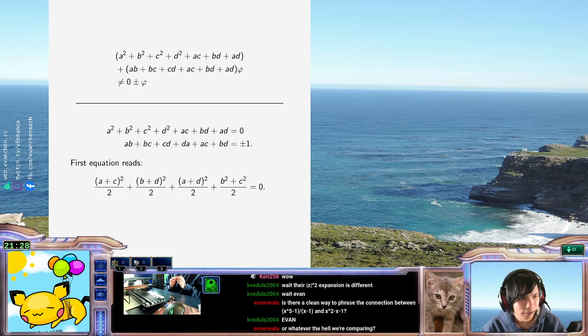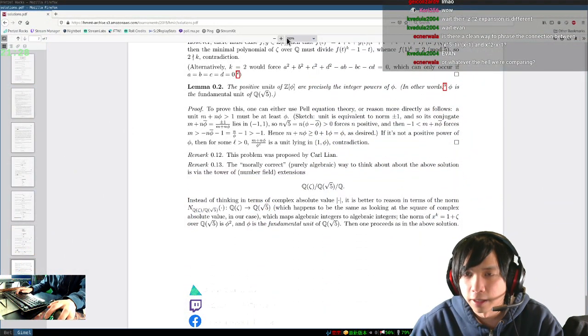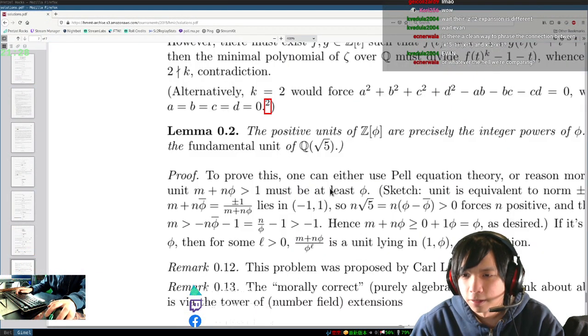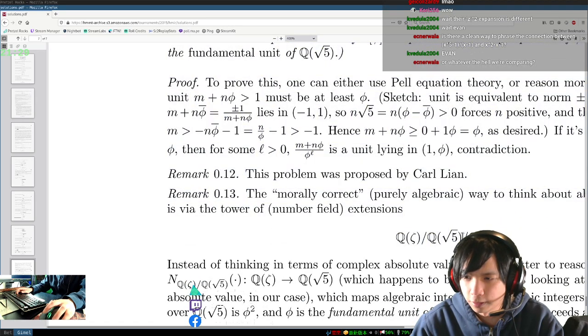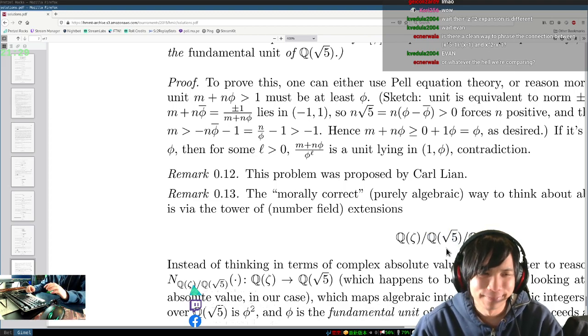I think what's happening, the official PDF phrases it pretty well, which is that there is a tower of extensions. Like Q adjoin root 5 lives inside here, and Q is the base field. And it so happens that you think of x squared minus x minus 1 as the, well, okay.